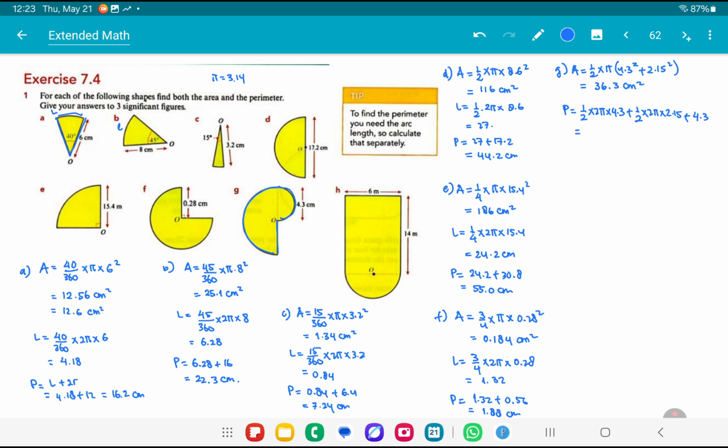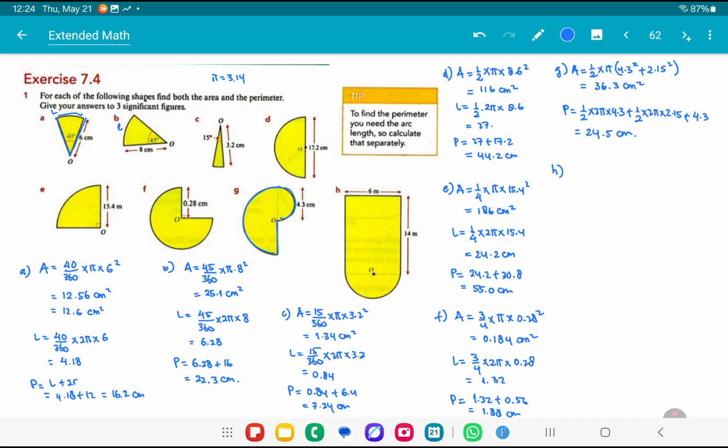So the final answer equals half of 2 pi, which is pi, multiplied by 4.3 plus pi multiplied by 2.15 plus the radius. We got 24.5 centimeter.